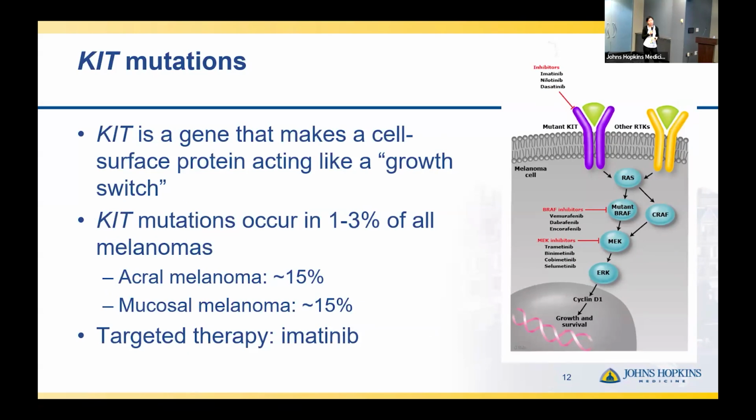KIT mutations are also a relatively common somatic mutation that occurs in melanoma. KIT, which is that purple Y-shaped structure up there, is a gene that makes a cell surface protein that acts kind of like a growth switch. So when it's mutated, the growth switch turns on and leads to more cell growth and activity.